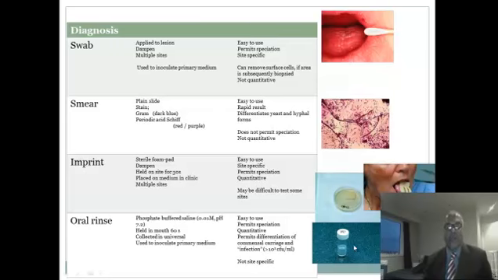Or an oral rinse where you use a buffered saline solution to swill around the mouth and then spit back into the receptacle, and then that is used to look at the possibility of presence of candida. But the problem here is the presence of candida doesn't necessarily mean there's an infection. And also in this technique, it's not site specific as well.